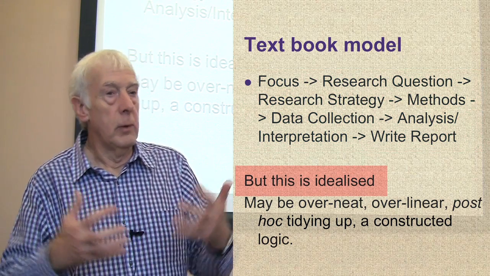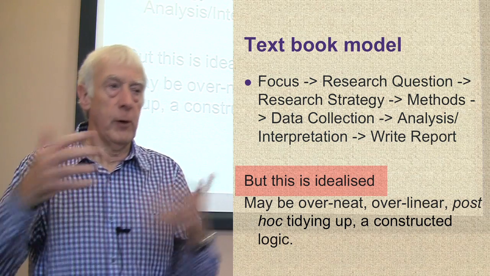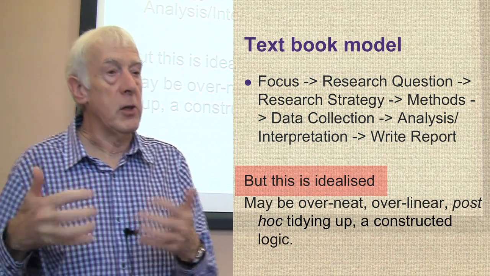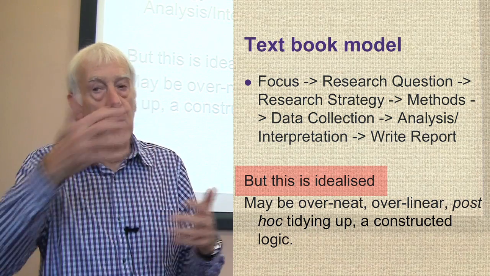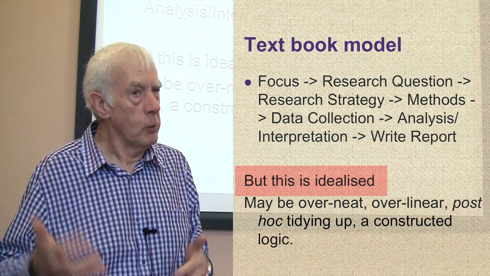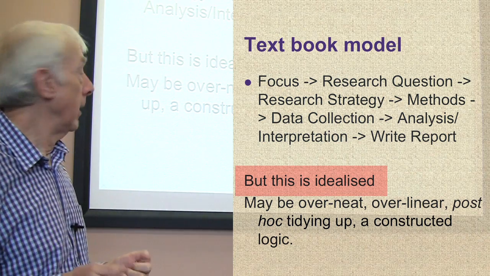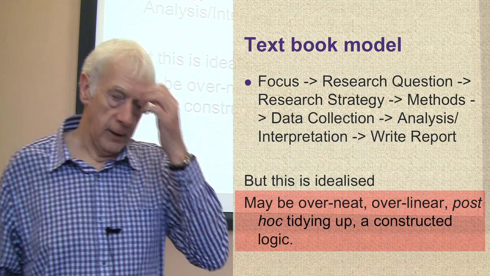The real world of research often involves changing those around and moving around the order, perhaps even starting with data collection, as I just said, or maybe restarting some sections and looping around and doing it again because it didn't work first time, or doing something different second time round. So it's a very linear model, but real life is a little bit different from that.